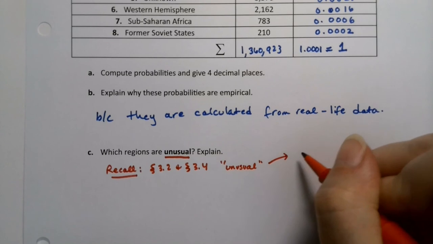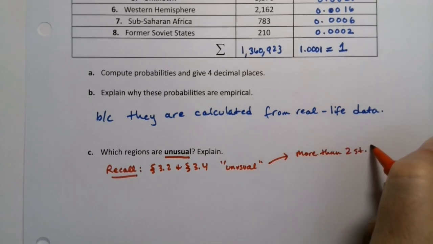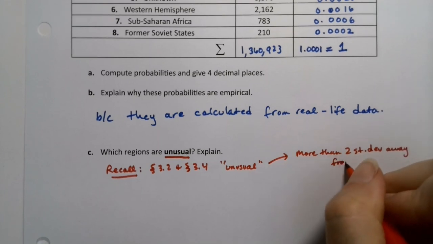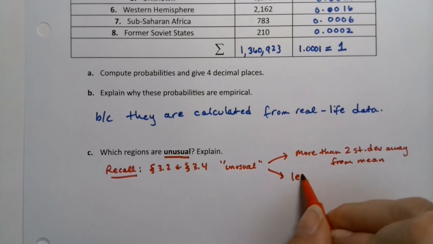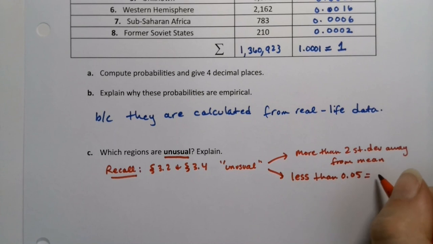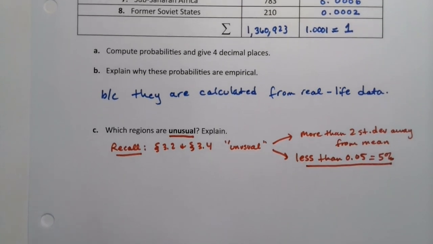So unusual means more than 2 standard deviations away from the mean. And unusual means less than 0.05 or 5%. That's the one we're going to use because standard deviations doesn't mean anything to us in this context. We don't have a mean, we don't have a standard deviation. So there's nothing to talk about there. So we're going to look for less than 5%.